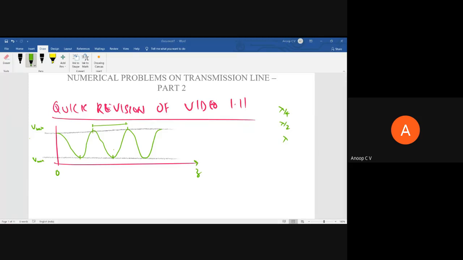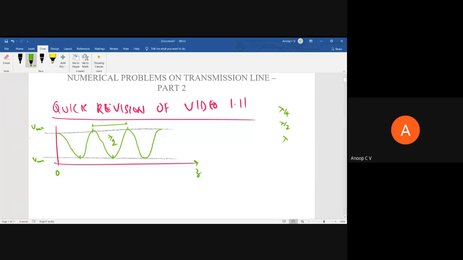What is the correct answer? You can type in the chat window. Okay, I should not be asking questions during the last hour. It will repeat every lambda by 2. Maxima will repeat every lambda by 2, and minima will repeat every lambda by 2.